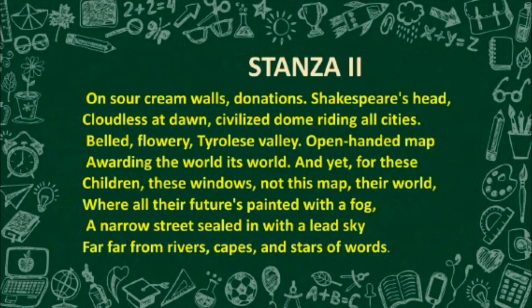Shakespeare's portrait and a nature scenery that shows the cloudless morning sky in which the sun is rising in a semicircle shape, the sun that is present in all the cities, civilized dome riding all cities. This expression refers to the rising sun, half risen sun, visible in almost all cities.